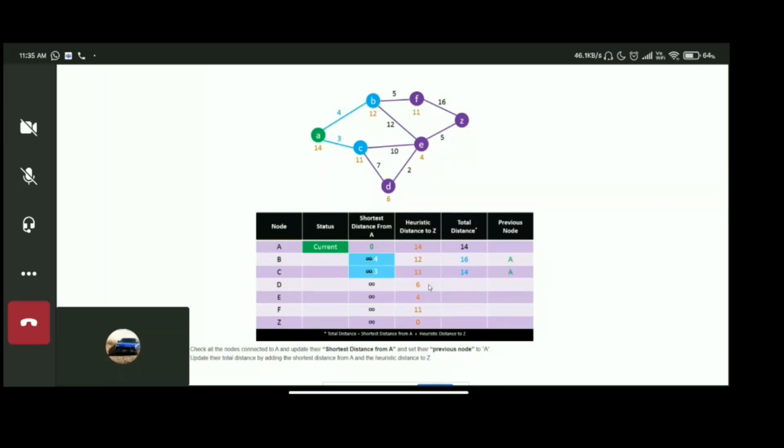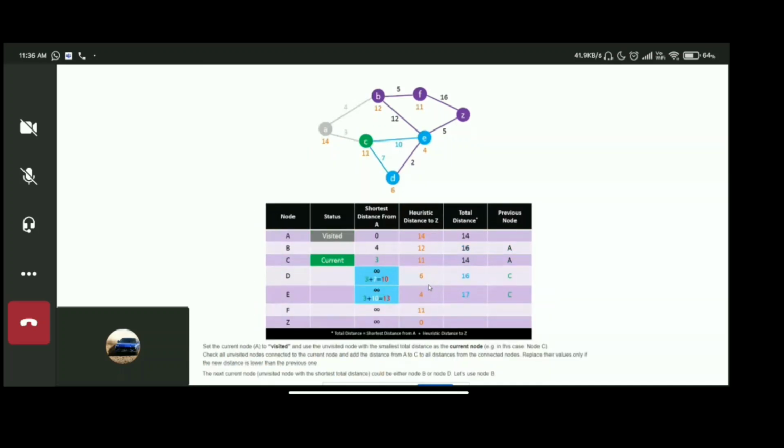Okay, that is how it is calculated. So 3 plus 7 is equal to 10, plus 6, 16 for node D. The path ACD will cost us 16, and the path ACE will cost us 17, that is 3 plus 10 plus 4.